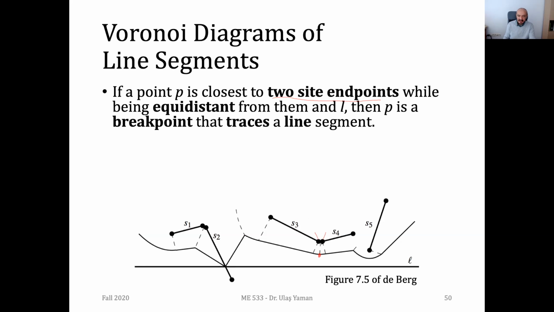This is the distance here, and its distance to L, which is our sweeping line. They are all the same. If that's the case, we are saying that this is the breakpoint and is tracing a line segment, a portion of the Voronoi diagram.